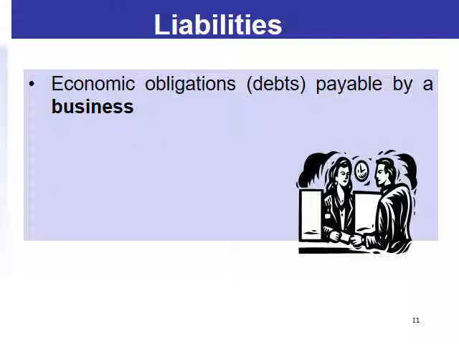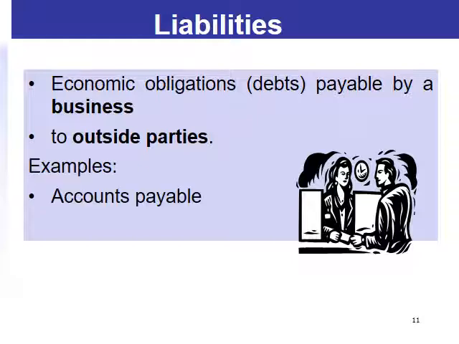Liabilities. They are economical obligations, short debts, payable by a business to outside parties. Basically, the business owes money to an outside party. Examples: accounts payable and loan from bank.